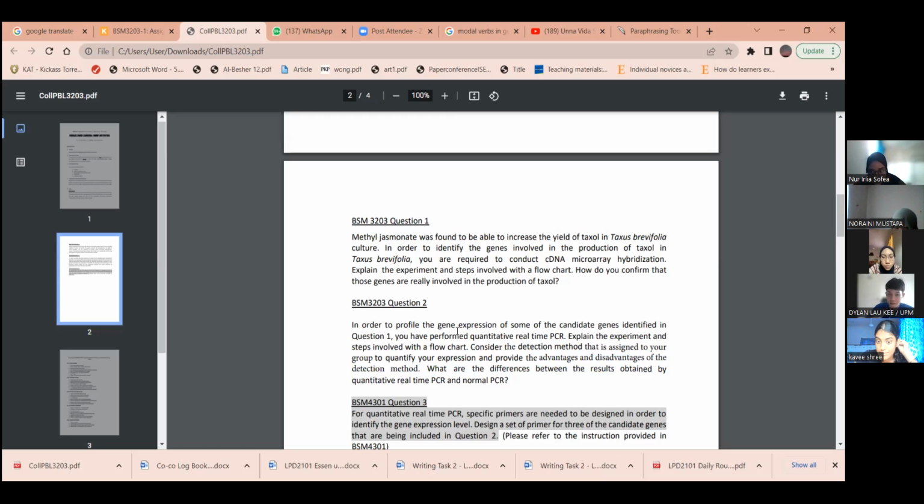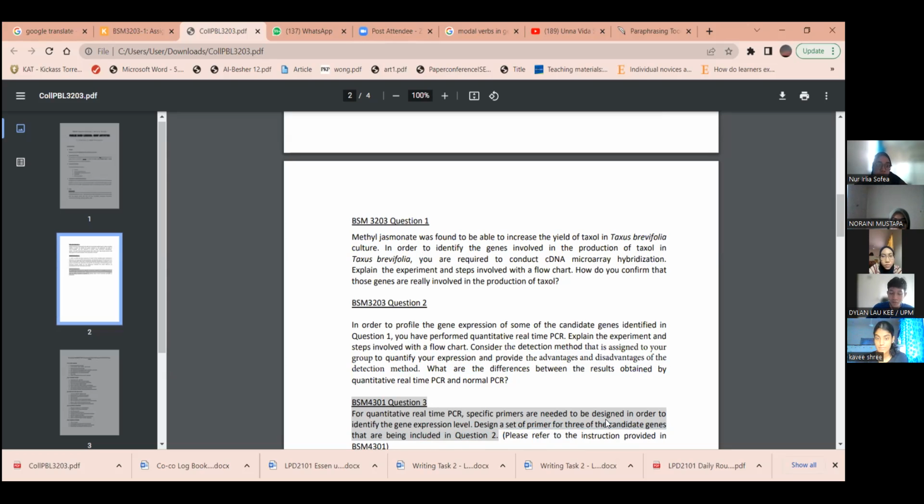Yeah, so basically from what I understand, for question number 2, we have to explain the experiment and also steps involved with qPCR, the quantitative real-time PCR. And then we have to know what is the detection method, which is the scorpion, and list out the advantages and disadvantages.